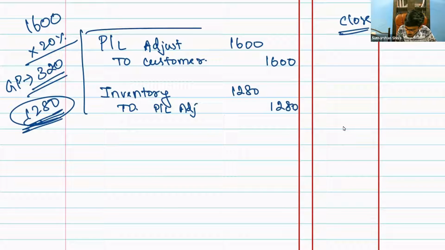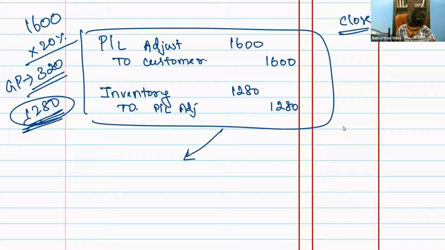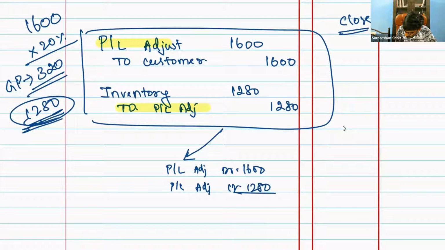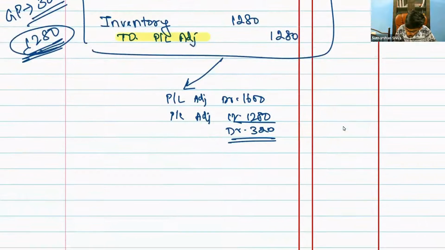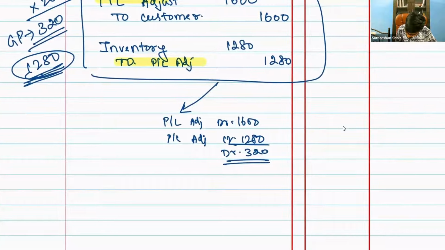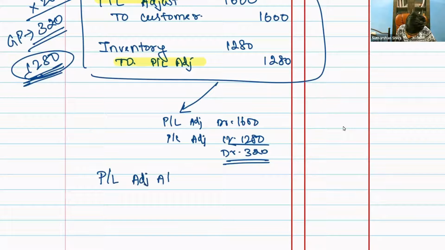So if I want to pass it in one single entry, here P&L adjustment debit 1600, P&L adjustment credit 1280. Instead of debiting two accounts, I will simply debit 320. So the entry will be P&L adjustment account debit, inventory account debit to customer account.